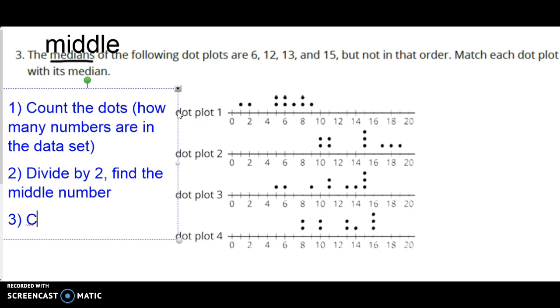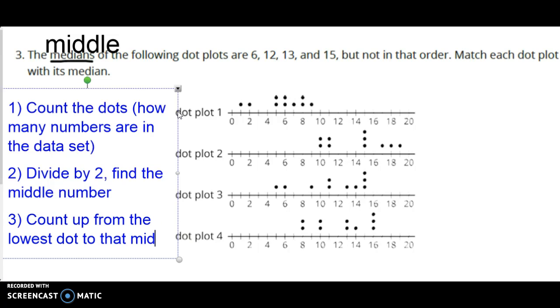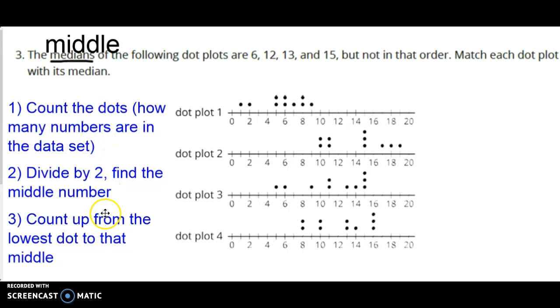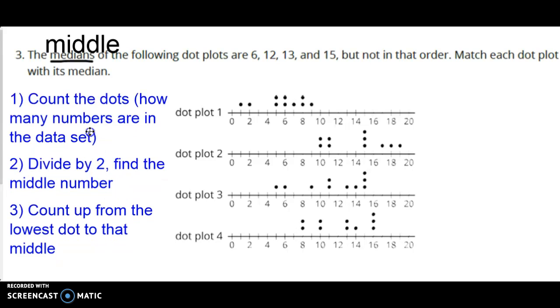And then we want to count up from the lowest dot to that middle. You are welcome to not write these steps and just look at the board, because this will be up here for when you try this on your own as well. But I'm going to be referencing these steps as I look at each dot plot.